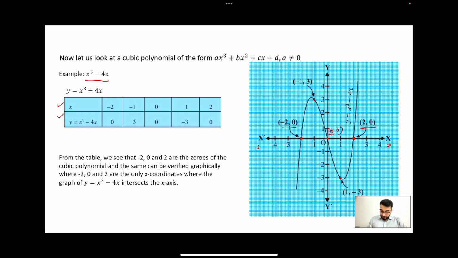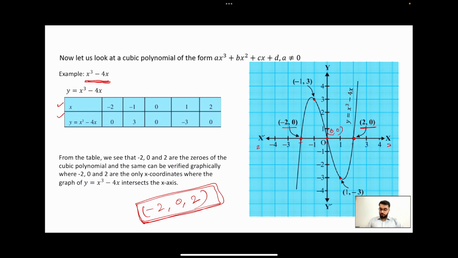So here we can deduce that this equation has 3 zeros, namely -2, 0, 2. These are the 3 zeros of the cubic polynomial x cubed minus 4x. How did we come to this conclusion? We saw that this graph intersected the x-axis at these 3 points. So these 3 are the zeros of x cubed minus 4x.